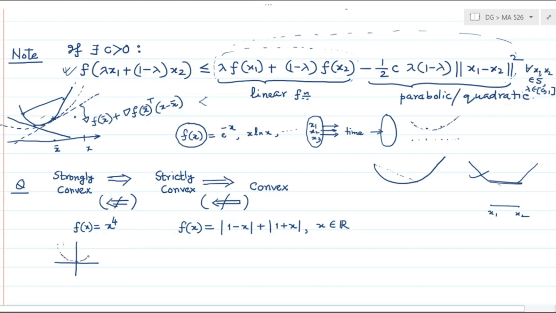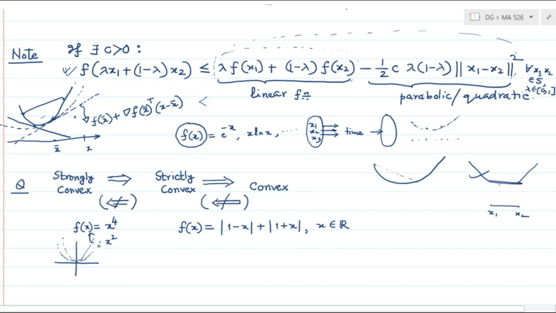This is your parabola x squared, and the graph of the function f(x) equals x to the power 4 gives a figure like this. This is your f(x) equals x to the power 4. Fine. And here this function f(x) equals x to the power 4 is a strictly convex function, but it is not a strongly convex function.